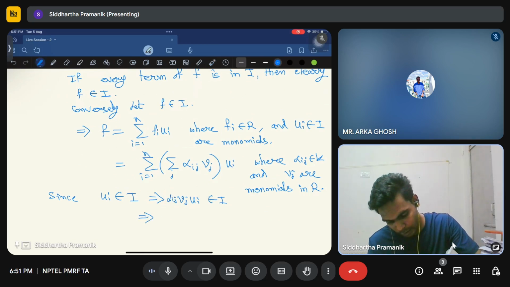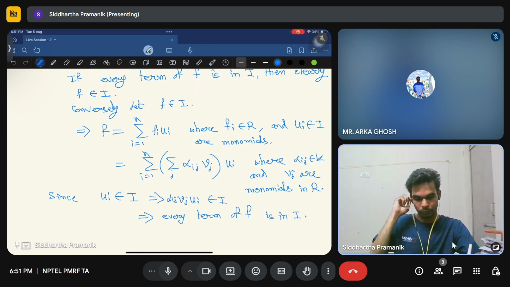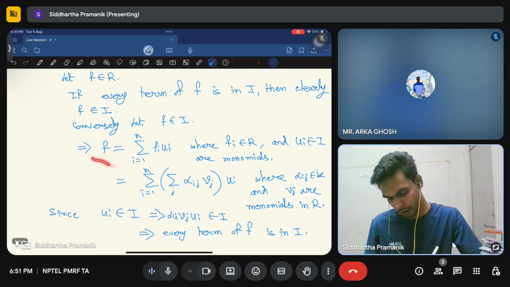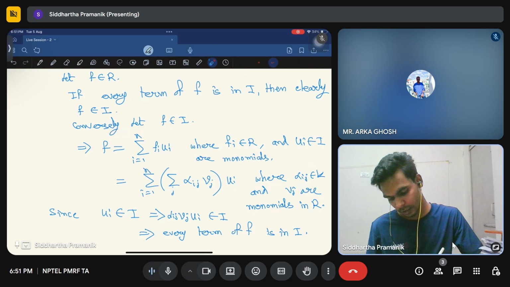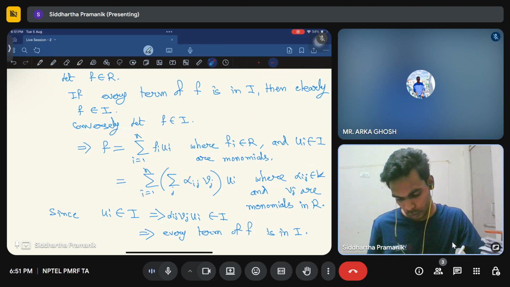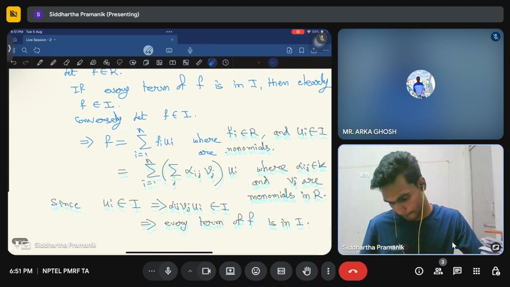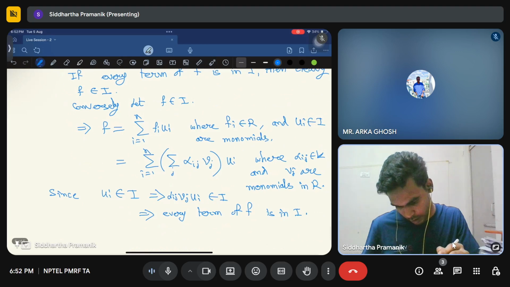So that will imply every term of f is in I. So first we broke down f as a sum of monomials. Then we broke these polynomials as k-linear combinations of monomials to see how the terms of f look. So A implies B is already proved.